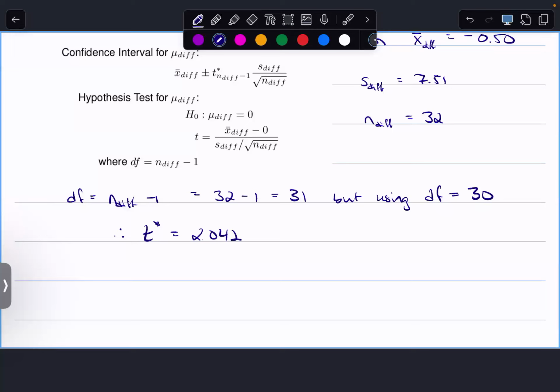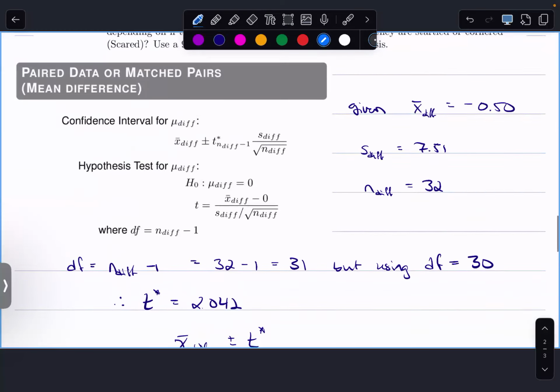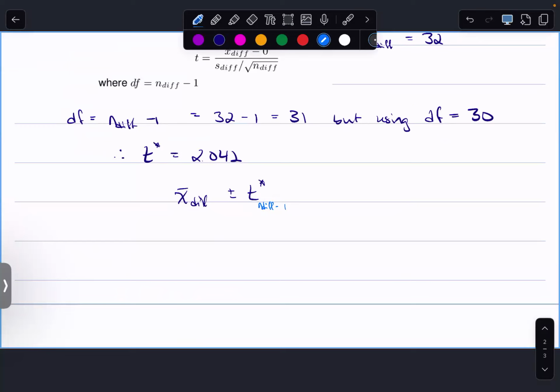Now I can put this together: x bar of the differences plus minus t star. I'm just going to write t star. You can add n diff minus 1 degrees of freedom, but you don't have to, times s diff over the root of n diff.